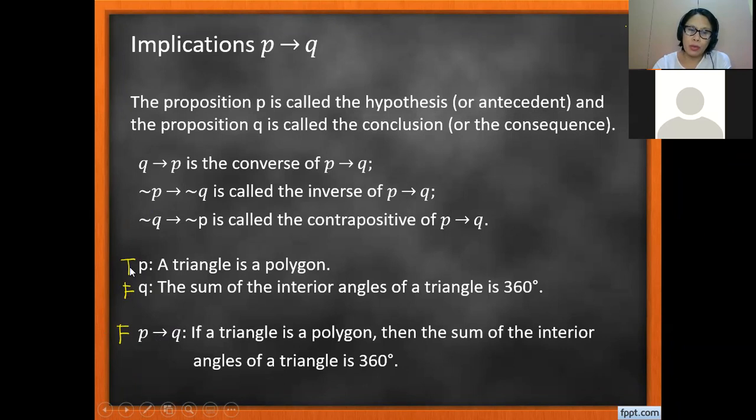Like, if this is true and this is true, then true. Now, if P is false, whether Q is true or false, it will then be a true statement. So that's from the truth table that I discussed last time. So as far as if P then Q is concerned, we come up with false as the truth value for this one.